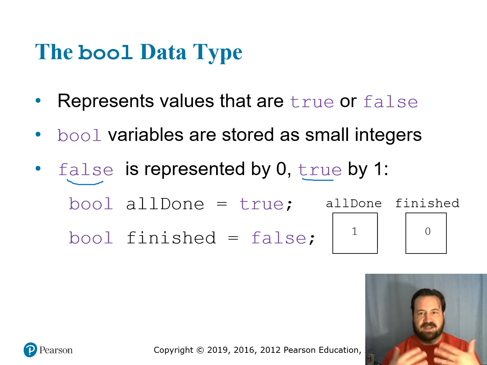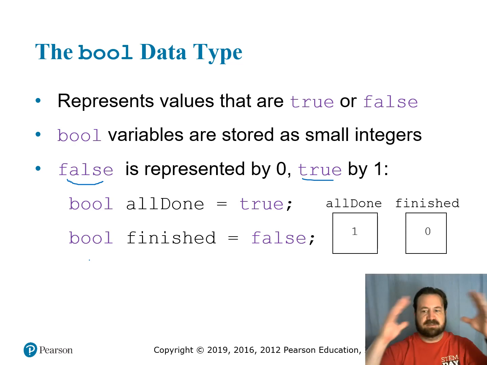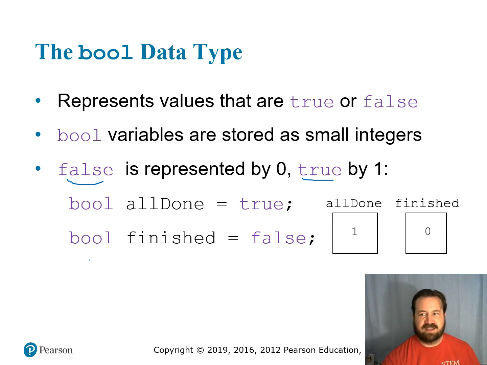If you just define a bool variable called done, that works out. By the way, bool is short for Boolean, and it harkens back to an English mathematician named George Boole, who created a whole system of calculations, a whole algebra around logical true-false values, and it's now today called Boolean algebra.